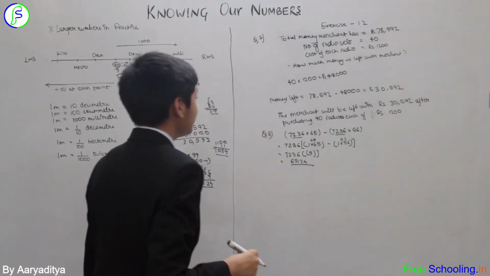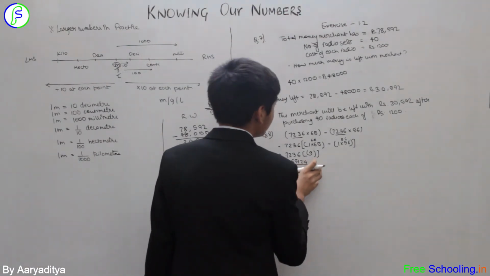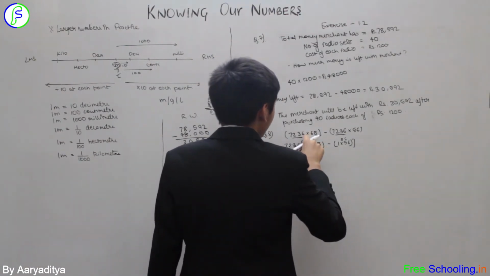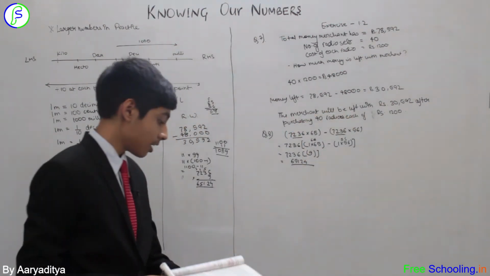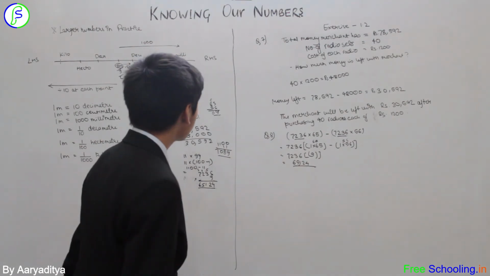This is the margin, or the difference between the number obtained with the incorrect answer and the correct answer. Hope you all are clear with question number 8.